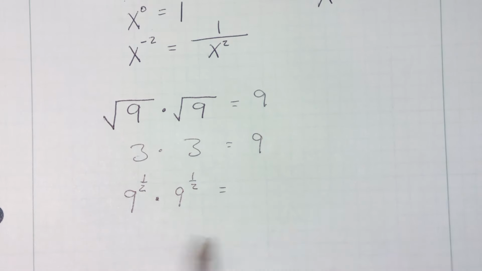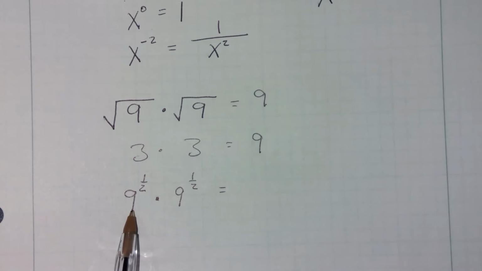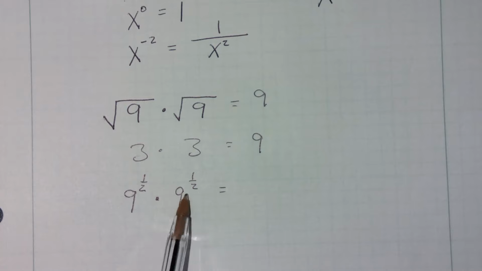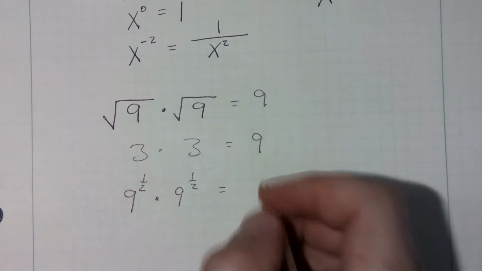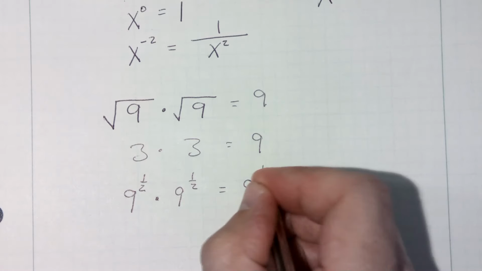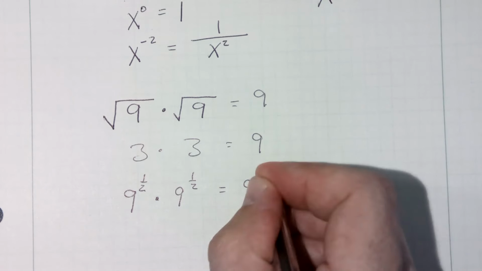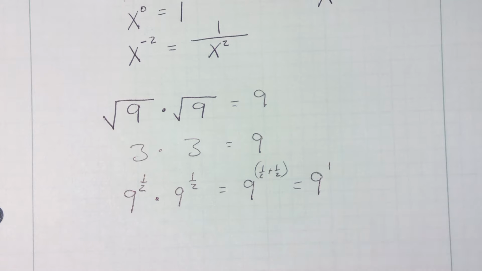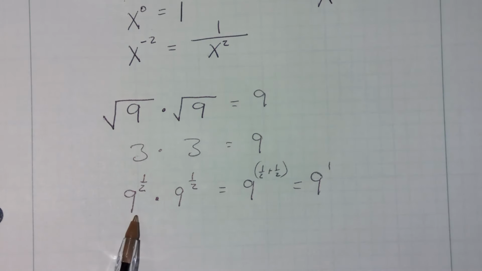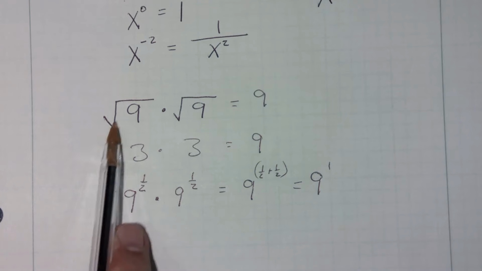Using the property of exponents, what do we do with these two exponents? We add them together. So that's 9 to the 1/2 plus 1/2, which is 9 to the 1, or just 9. So if it's just 9, then this number must be 3, just like the square root of 9 is 3.